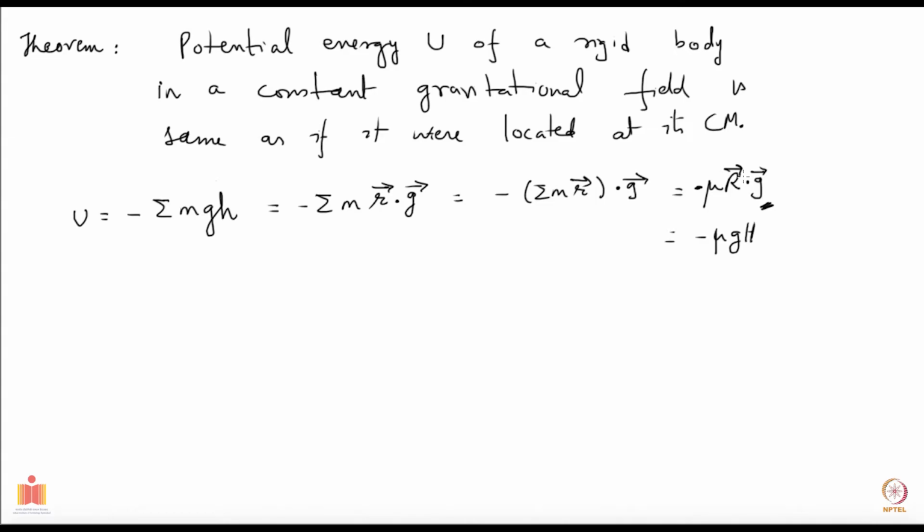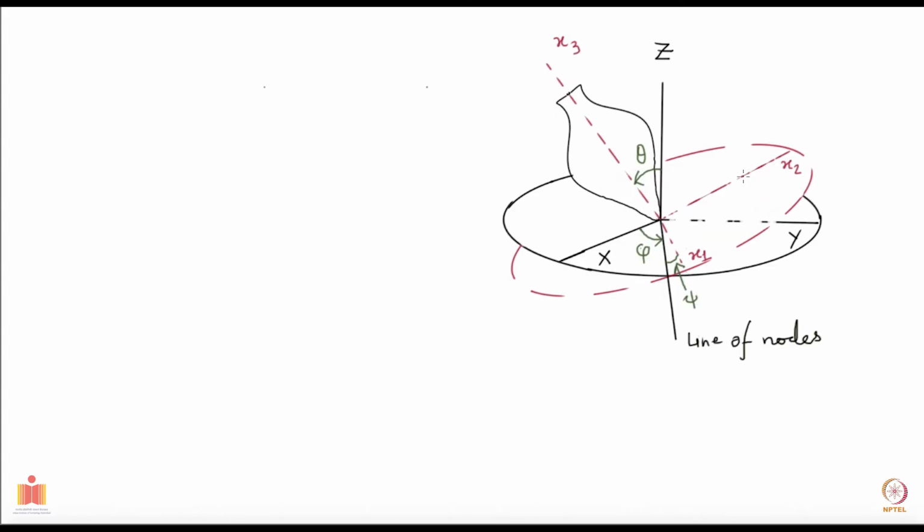So that's nice. Now let's go to our goal here, which is to study the motion of a heavy top under uniform gravity. Here I have drawn such a system. Let me write it down here.